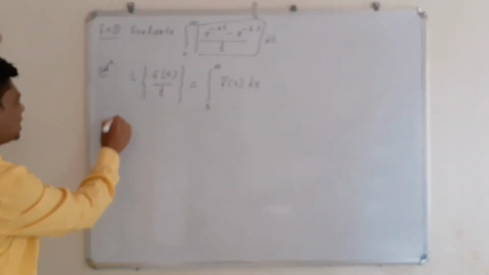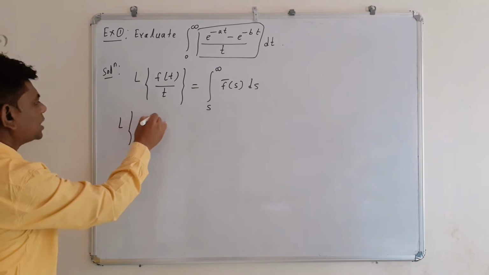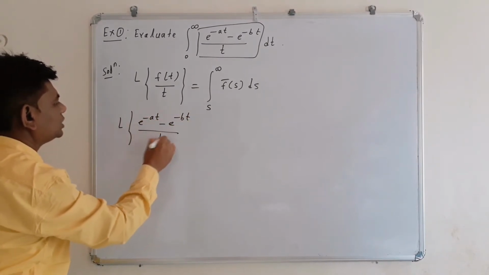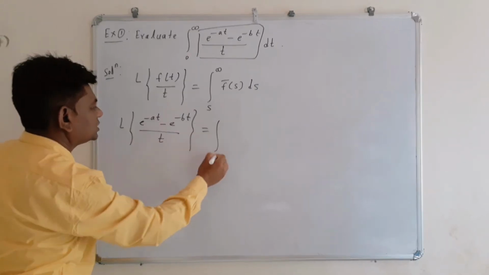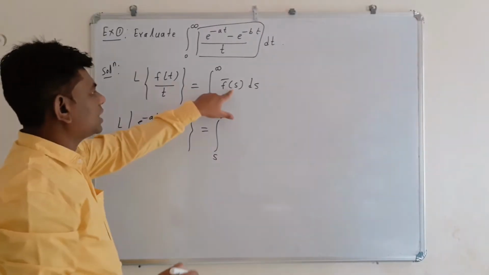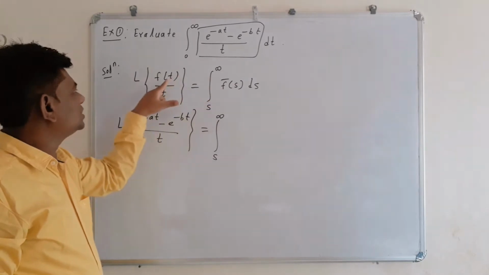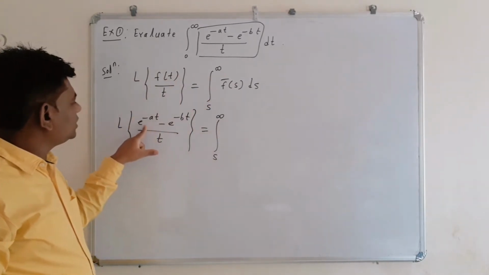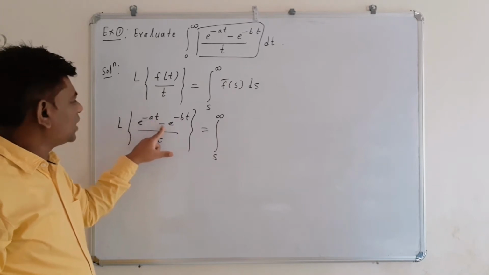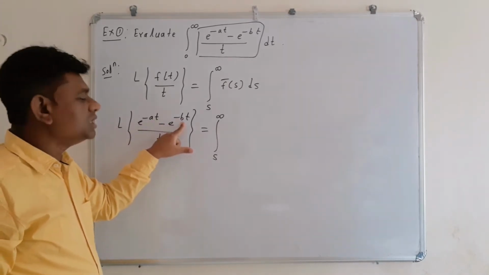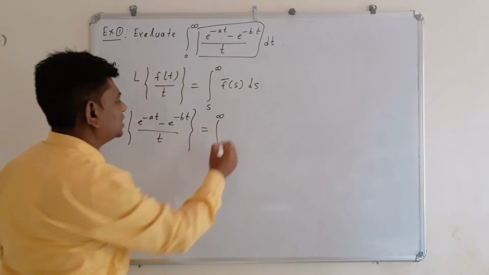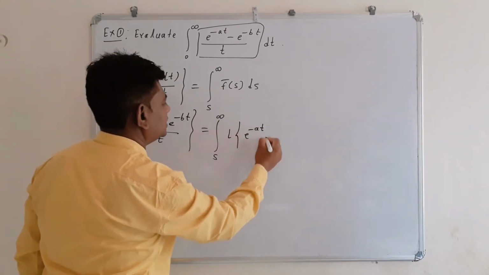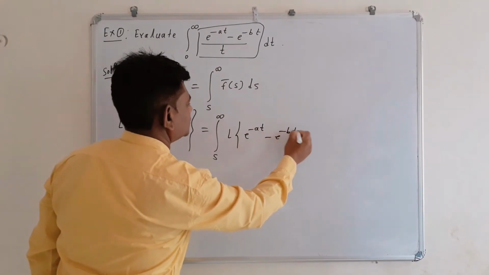Now Laplace transform of e to the power minus at minus e to the power minus bt upon t is equal to integration s to infinity f bar s, where f bar s is the Laplace transform of f of t. Here f of t is e to the power minus at minus e to the power minus bt. Therefore f bar s is the Laplace transform of e to the power minus at minus e to the power minus bt, ds.